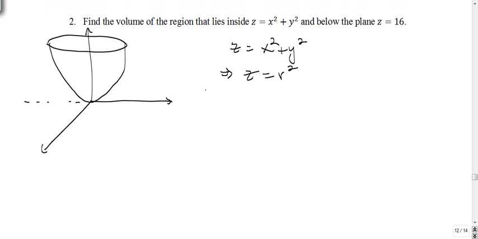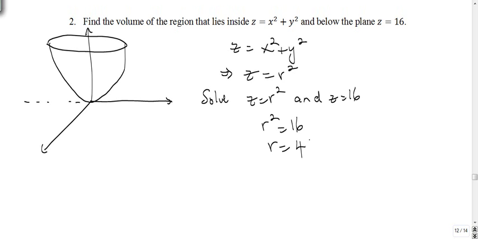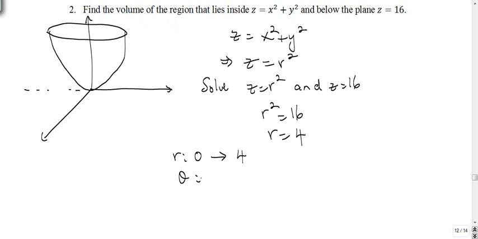So solve z equals r squared and z equals 16, we have that r squared is 16, so r is 4. So the limits for r go from 0 to 4. What about theta? Again, this is obvious. 0 to 2 pi. Good.